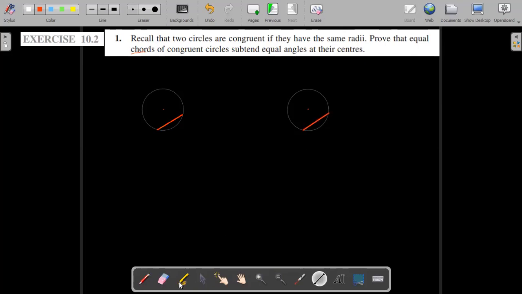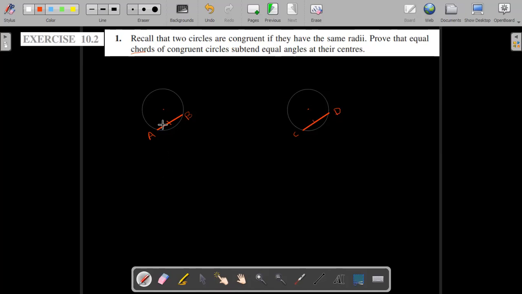It is given in the question. Suppose this is AB and this is CD. These are two equal chords, because it is given in the question. That means AB is equal to CD is given.